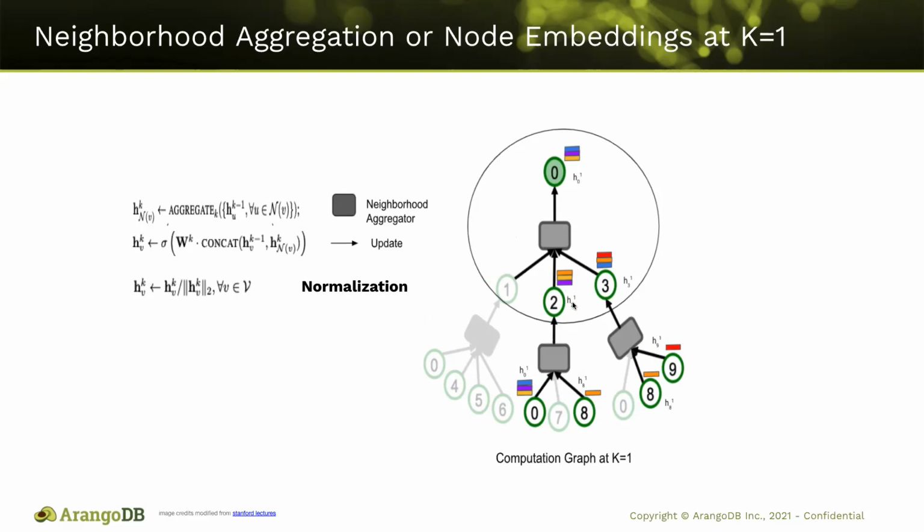Similarly, we will also compute the representation of node 2, the hidden layer representation of node 2 at layer 1. What we are going to do in this step is that, for this target node 0, we need to get the representations of node index 2 and 3, which were at the previous layer, that is layer k minus 1.